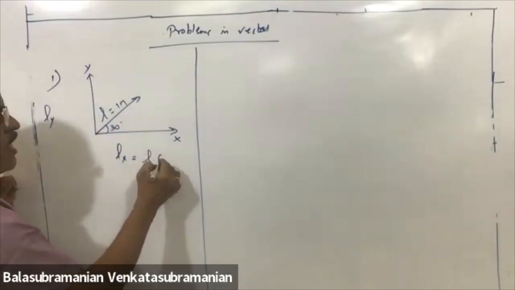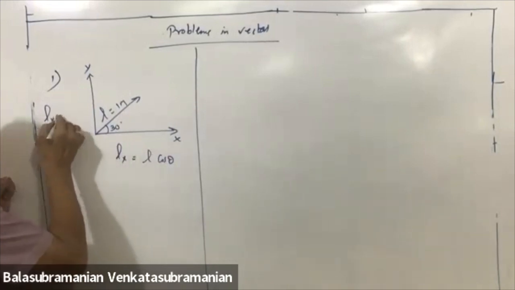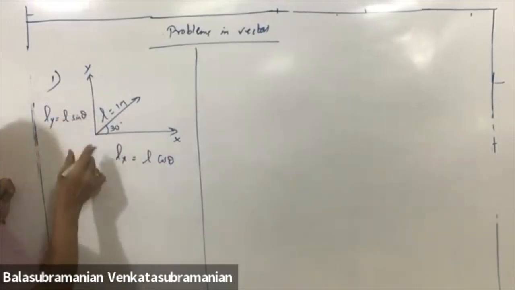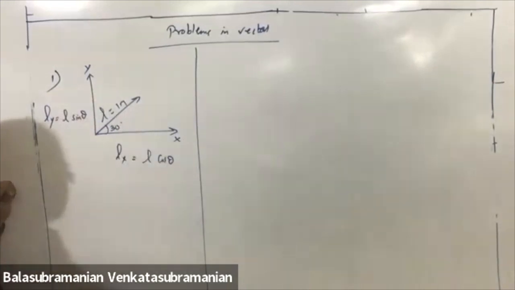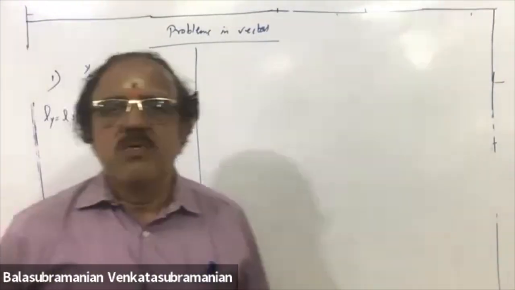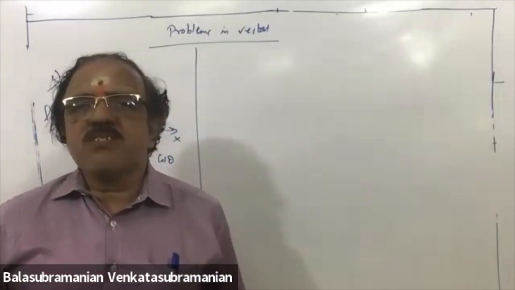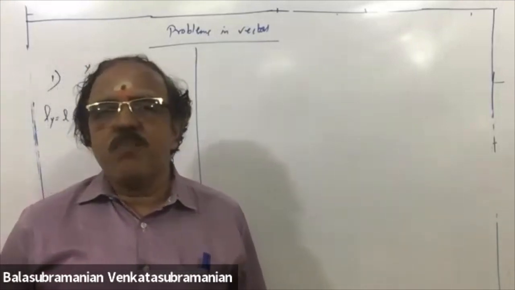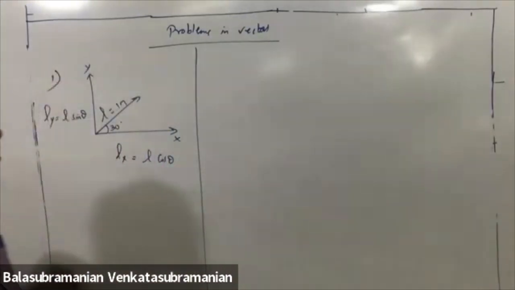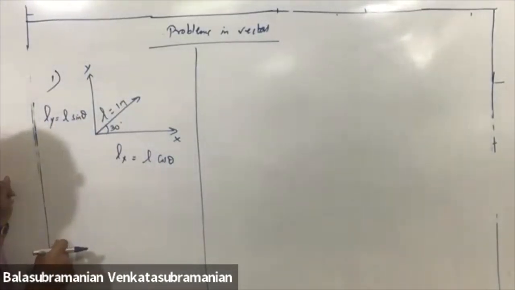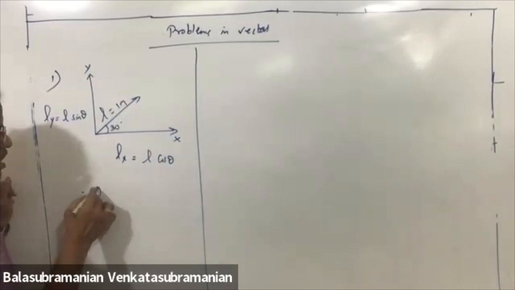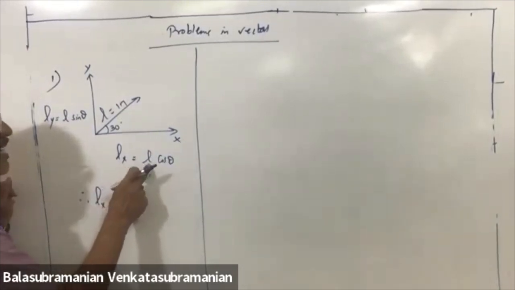Horizontal component L cos theta, vertical component L sin theta. Suppose if you take theta here, this will become horizontal and this will become vertical. So the cos component and sin component depend upon where you are taking theta. Our aim is to calculate Lx. Lx is equal to L cos theta.